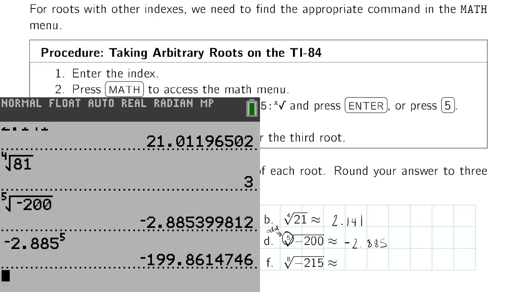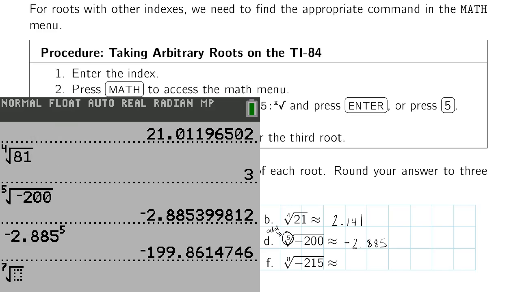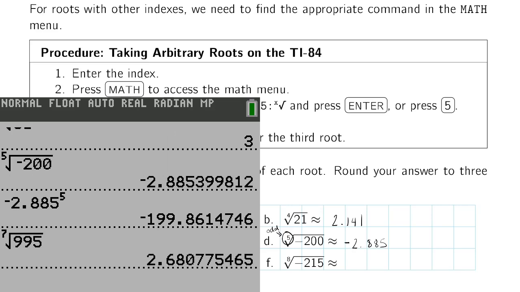In this next example, we're taking a seventh root of a very big number. So 7, math menu, take any root. So now we're taking the seventh root of 995. And we notice that that's actually really, really small. All of these roots have ended up being 2 point something. That's pure coincidence.